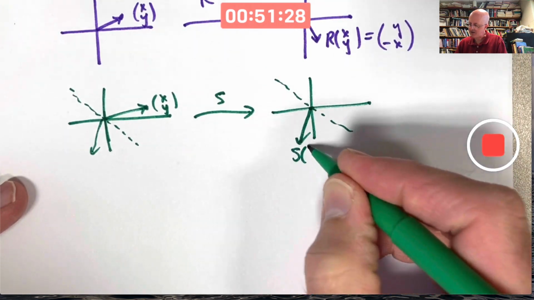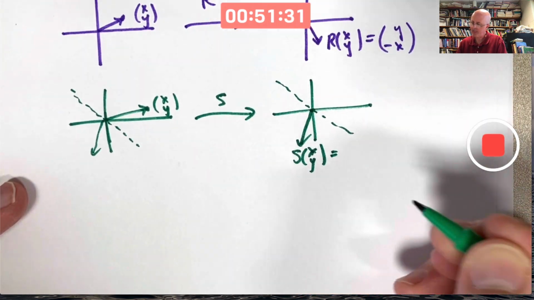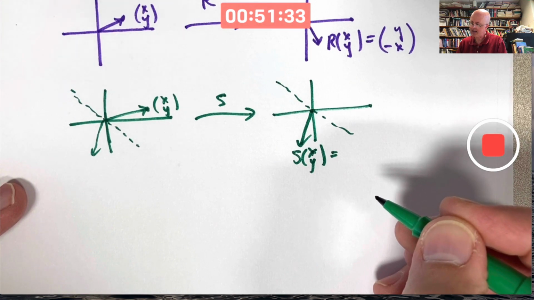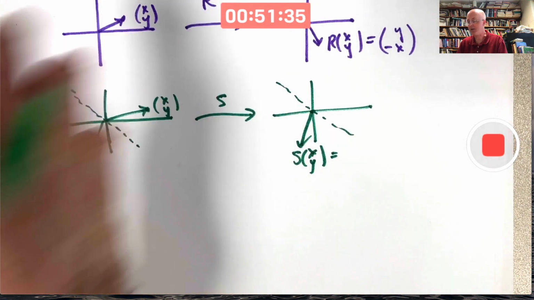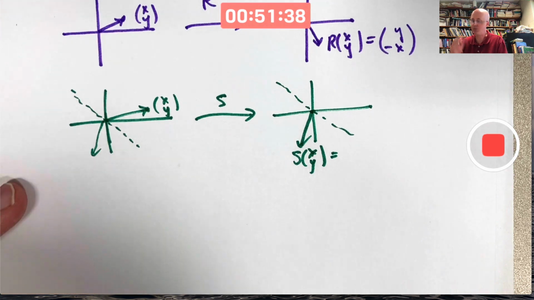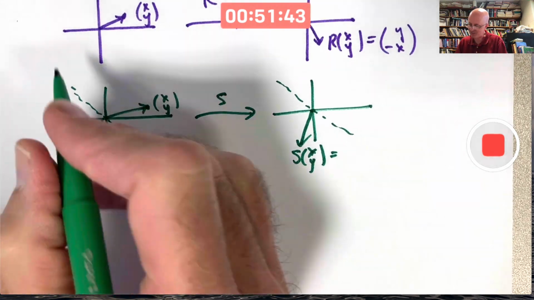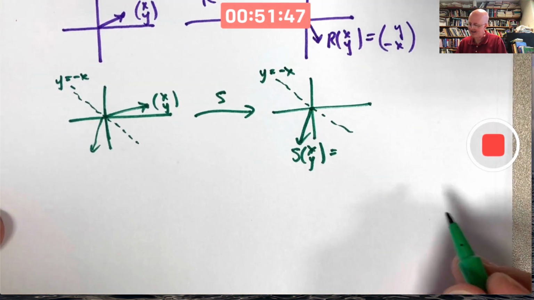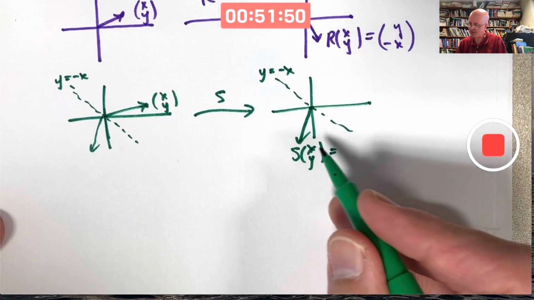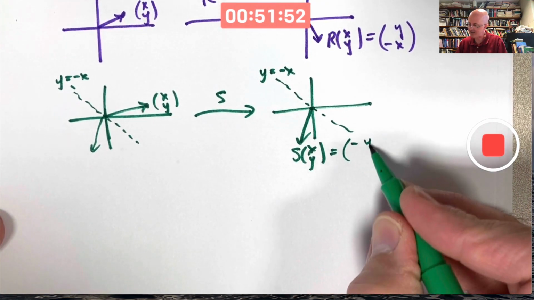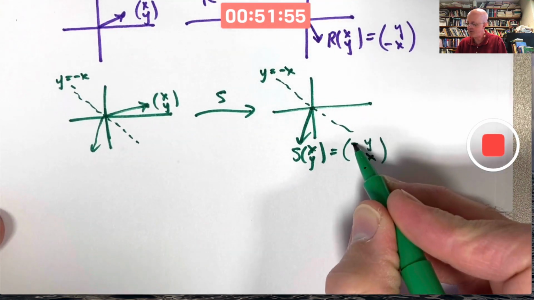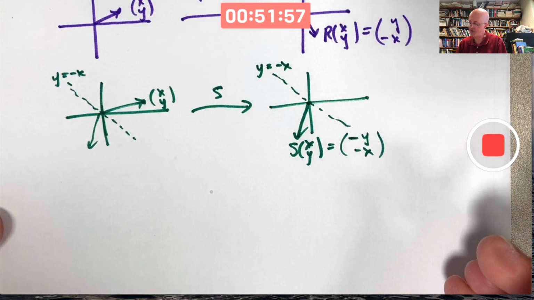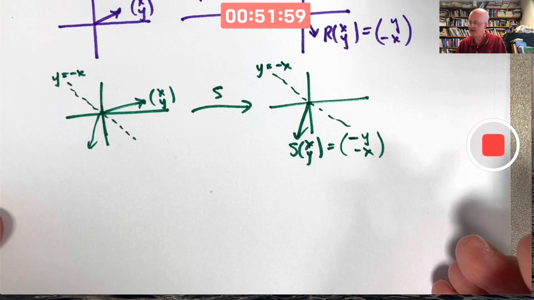That's going to be S of x y. And for reflecting across the line y equals x, you just swap x and y. What happens here when you reflect across the line y equals negative x? At least for this example, it seems like both components became negative. I think it's going to be this, negative y, negative x. You have to swap the coordinates and put negative signs in front of both of them instead of just swapping the coordinates. I mean, you could check that for other examples.